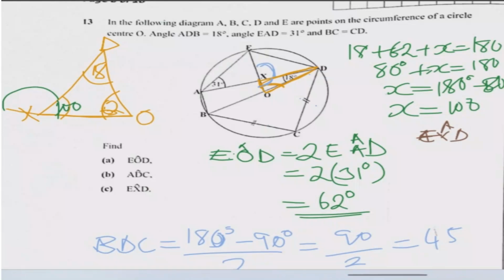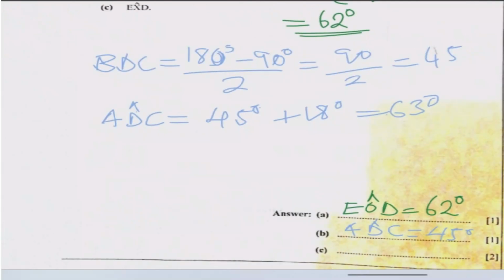Now we're going to use the property which is angles on a straight line. Angles on a straight line add up to 180. So angles on this straight line add up to 180 degrees. So let's go down and find that.